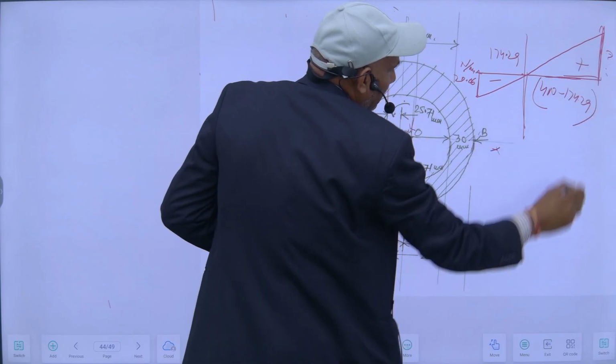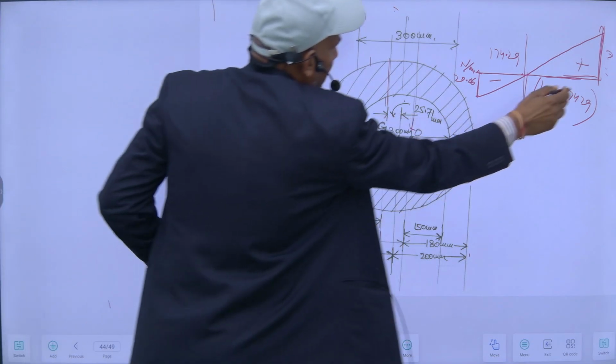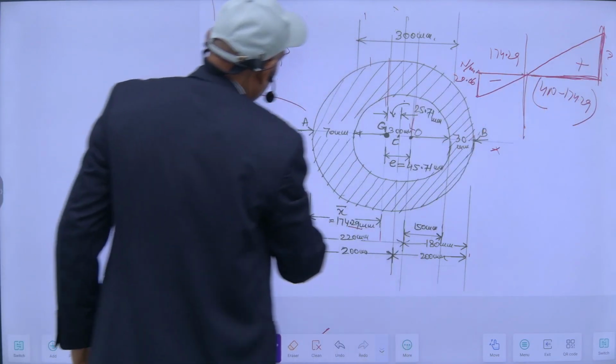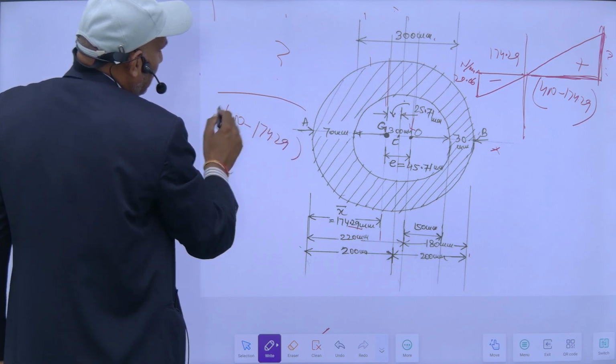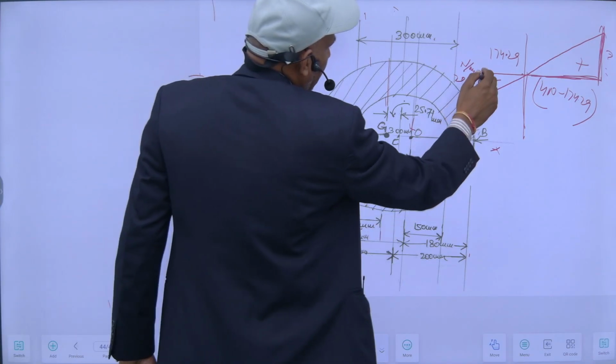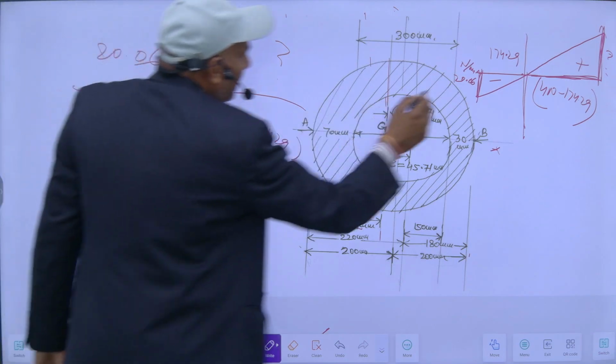Both are similar triangles, so this side divided by this distance is equal to this side divided by this side.